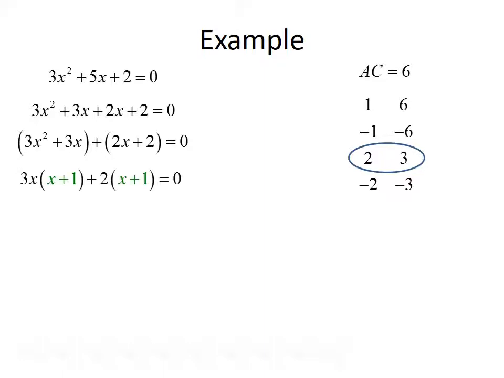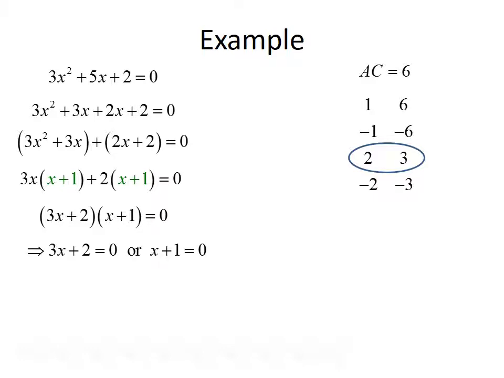We can factor a 3x out from the first group, giving us 3x times x plus 1, and we can factor a 2 out of the second group, giving us 2 times x plus 1. We have a common term of x plus 1 in both groups, which can be factored out, giving us 3x plus 2 times x plus 1 is equal to 0.